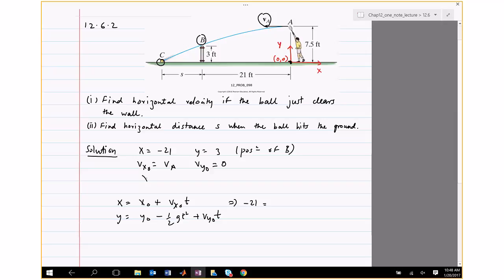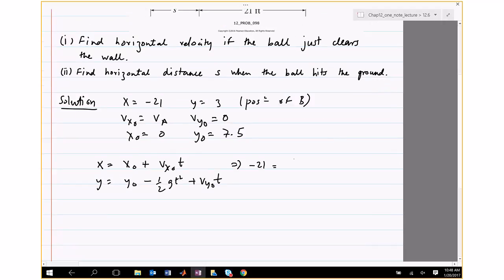Okay, x0 is the initial position of the ball, and that position is going to be 0, and the ball is hit from 7.5 in the y direction. So minus 21 is x0, which is 0, plus VA times t, and then y is 3 equals y0, which is 7.5, minus g is 9.8, so that's going to be 4.9 t squared, and vy0 is 0, so that second part is 0.